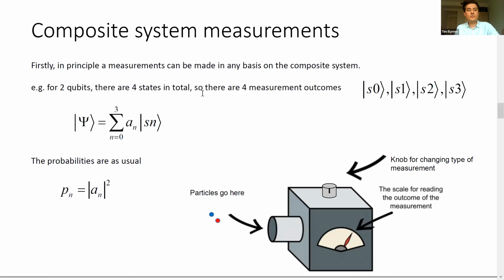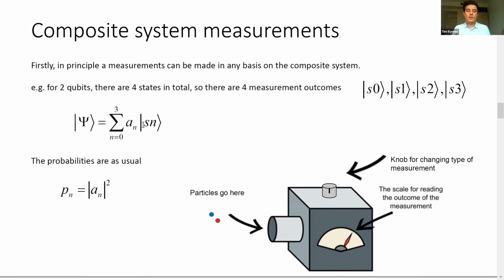And we discussed a bit about how to do measurements on composite systems. In general, it works basically the same way as we used to. You just treat each one of these combinations as a single state. So I've written it as S0, 1, 2, 3 in this case for two particles, for two qubits.